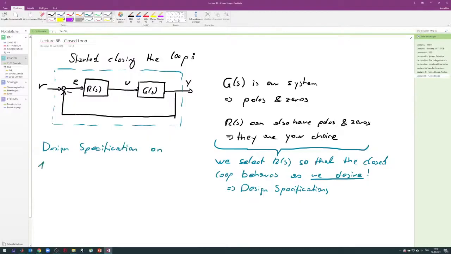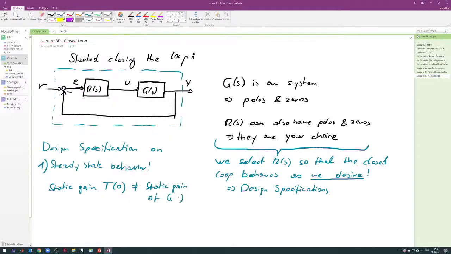First, we can have design specifications, for example, on the steady state behavior. Meaning that the static gain of T of S, or T0, is not equal to the static gain of our open loop, G0, right?